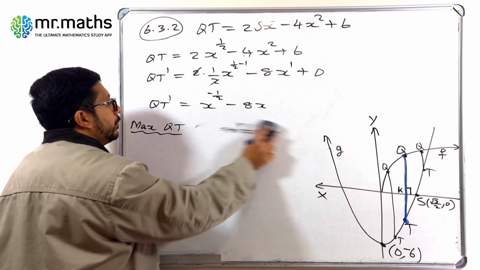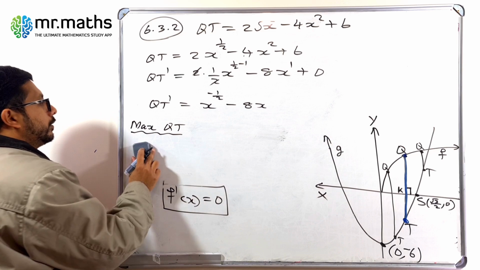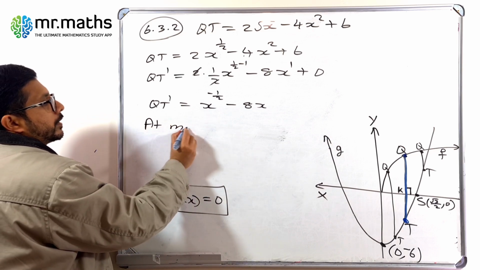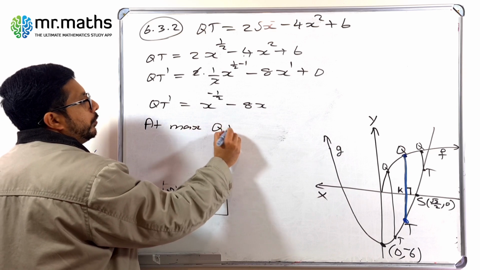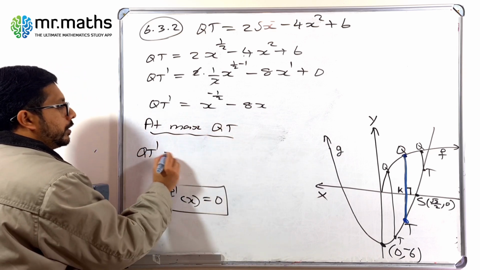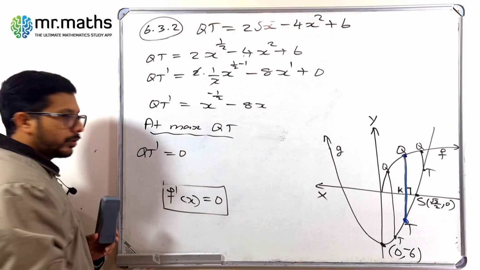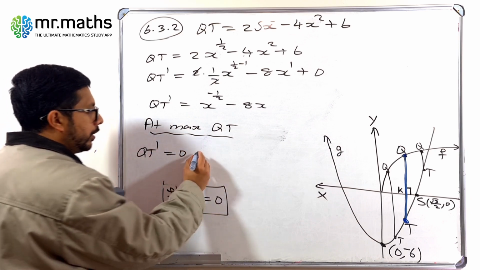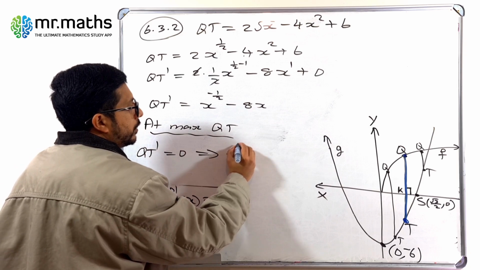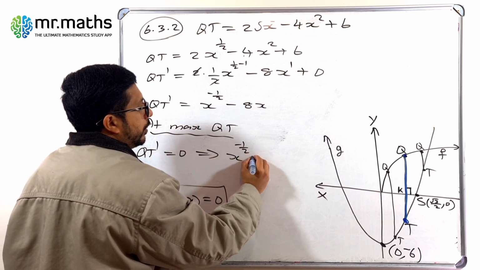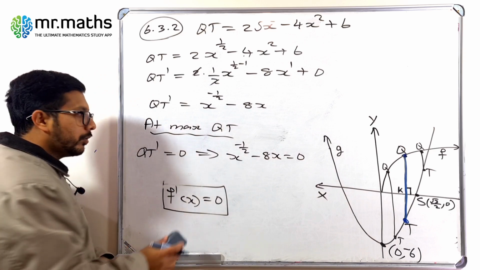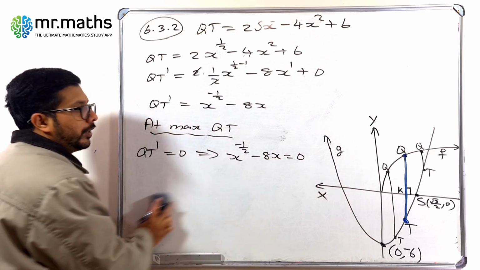Okay, write it like this: at maximum, qt dash first derivative is equal to 0. Qt dash means first derivative. Okay, at the maximum and minimum, the first derivative is equal to 0. It means that x raised to minus half minus 8x is equal to 0. Now we have to simplify that one and find the value of x.